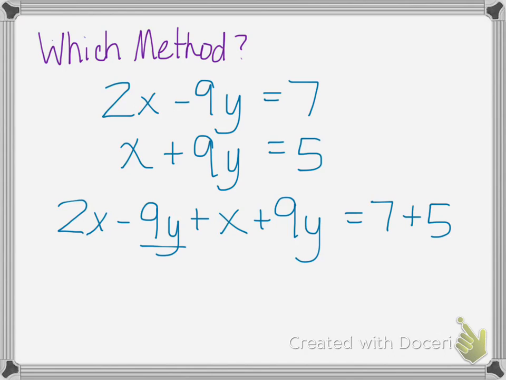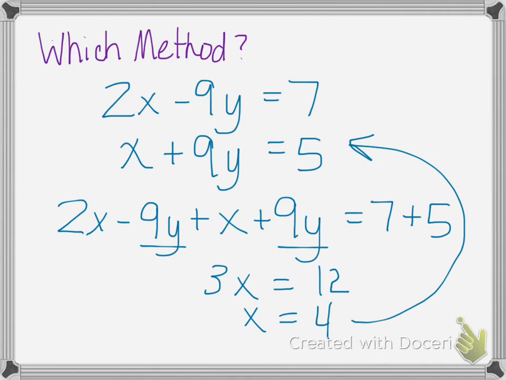When I do that, the 9y gets eliminated because I have opposite terms there, and I get 3x is equal to 12, and x equals 4. Then I could go back and find out what y is up here. So elimination is the best method here.